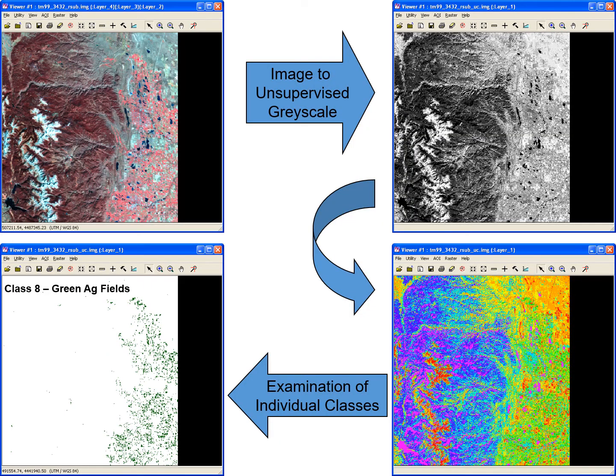The way that identifying each class, what that workflow looks like, you start, in the upper left-hand corner, with your original image. You set up your unsupervised classification and tell it the number of classes you want and what the stopping rules should be. And then you get basically just a black and white image in general, where each level of gray is just the average brightness of a particular class, but the data in the image itself is class data.